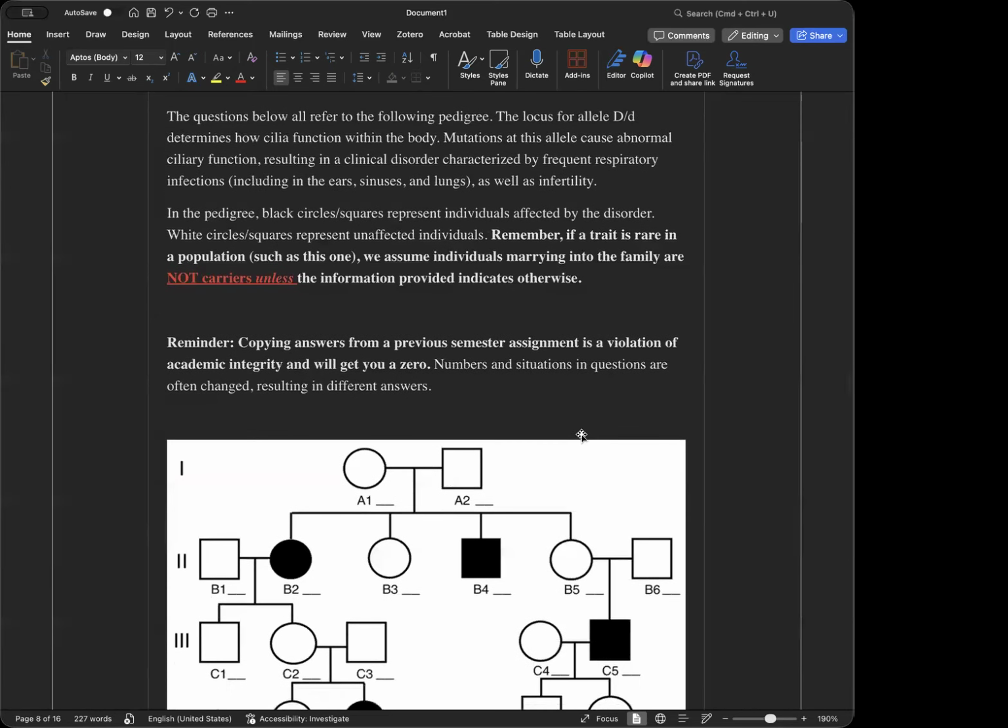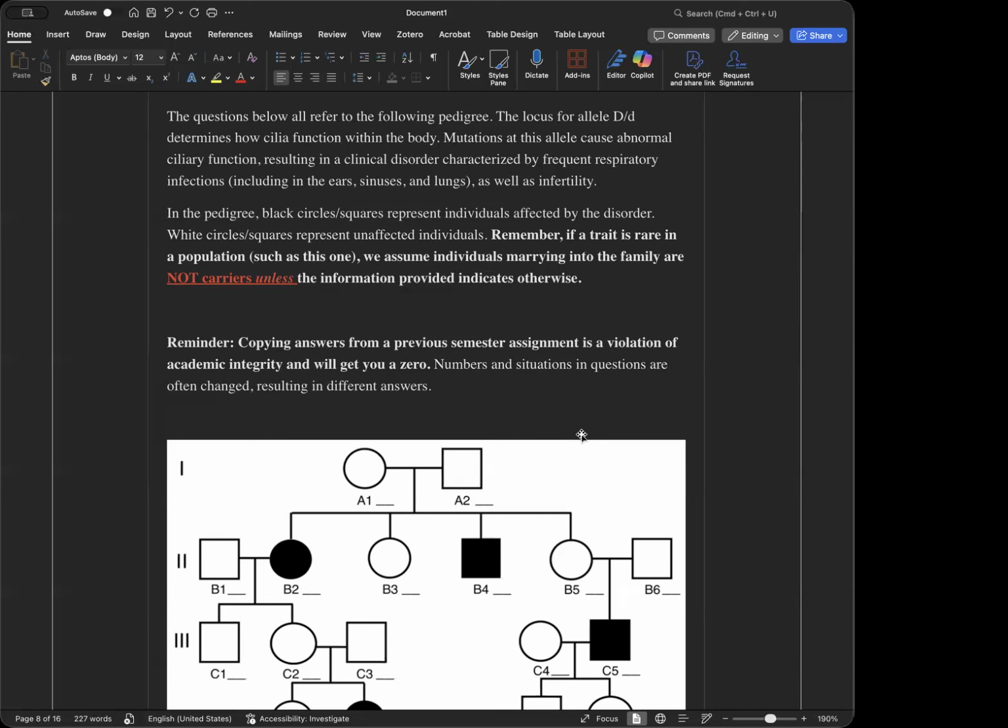So the questions below all refer to the following pedigree. The locus for allele D, capital D, lowercase d, determines how cilia function within the body. Mutations at this allele cause abnormal ciliary function, resulting in a clinical disorder characterized by frequent respiratory infections, including ears, sinus, and lungs, as well as infertility.